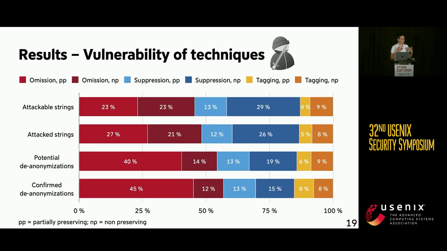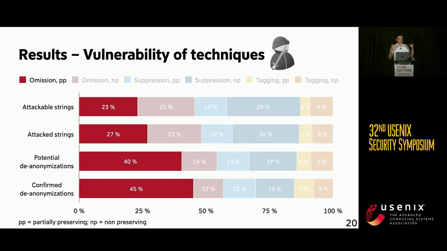If we move our attention now to the techniques, we see the following, where PP stands for the partially preserving technique and NP for the non-preserving one. The omission partially preserving, so essentially using initials, performed the worst.